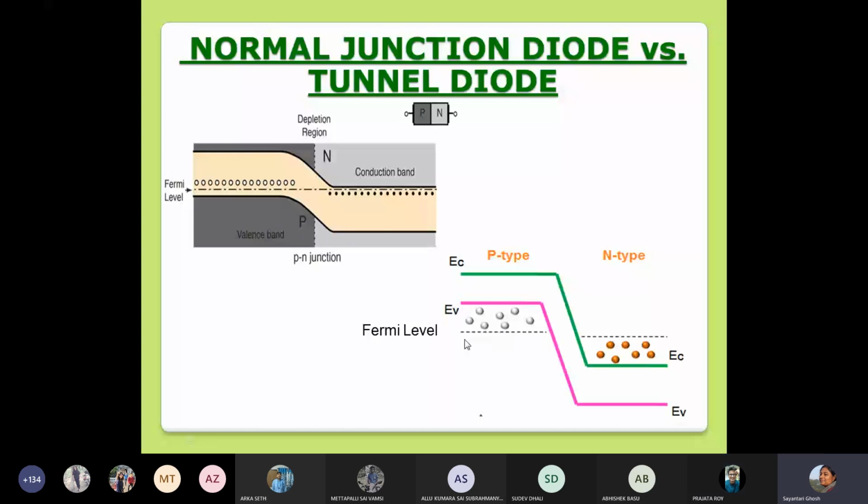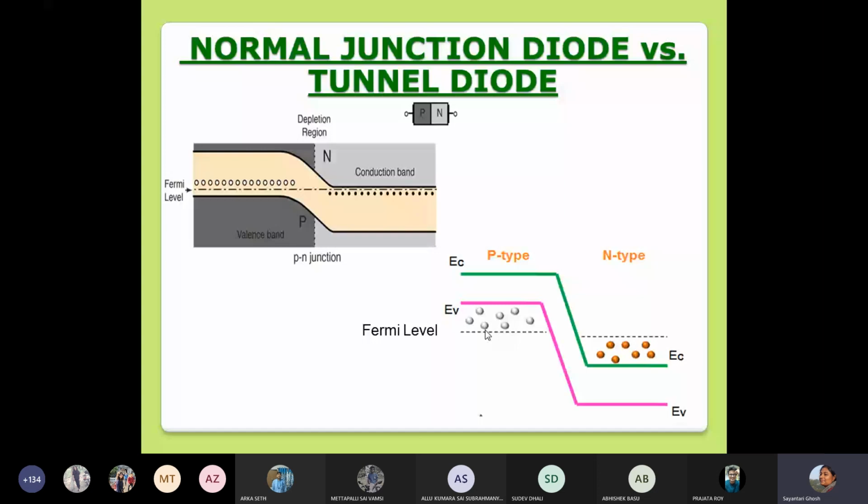And this is the bottom of the conduction band, and the Fermi level is inside that, but it is the same on both sides because there is no battery attached yet. Okay, so on both sides, the Fermi level is exactly at the same level because the battery is not attached. The Fermi level will go inside both the p-type and n-type material, inside the respective bands.